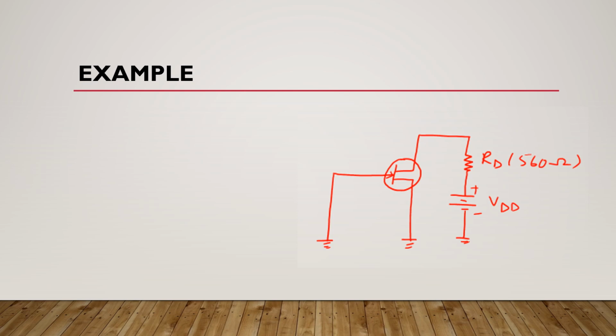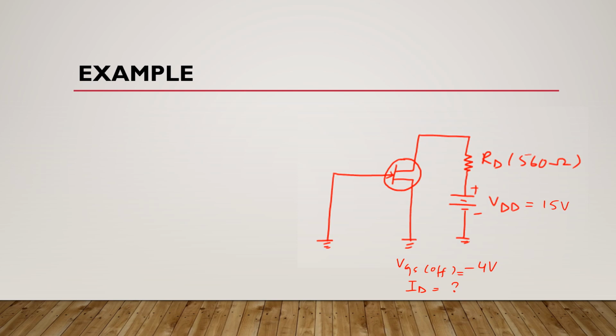Now for the same transistor configuration, when this VDD is 15 volts and the cutoff voltage is minus 4 volts, you have to find the value of drain current. So how are you going to start your analysis?